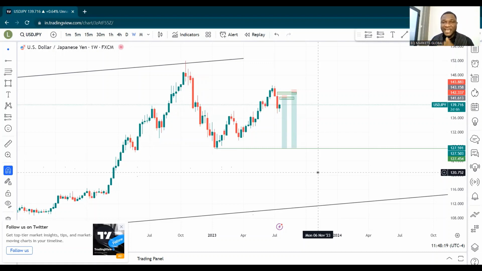So if you're risking $100 on this trade, you are looking at minimum of $1,000 to $1,400 on this same trade. And of course, if you can risk more, let's say you're risking $200 on this trade, you're looking at say $2,400. Now, guys, this is no joke, right?